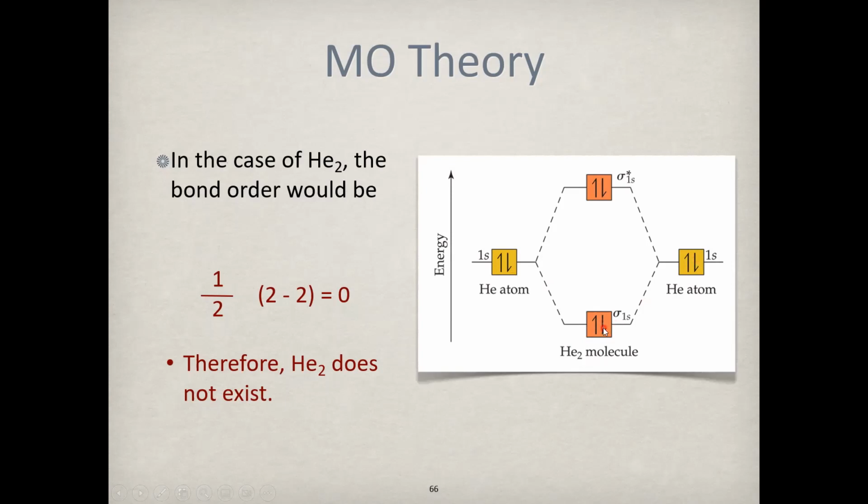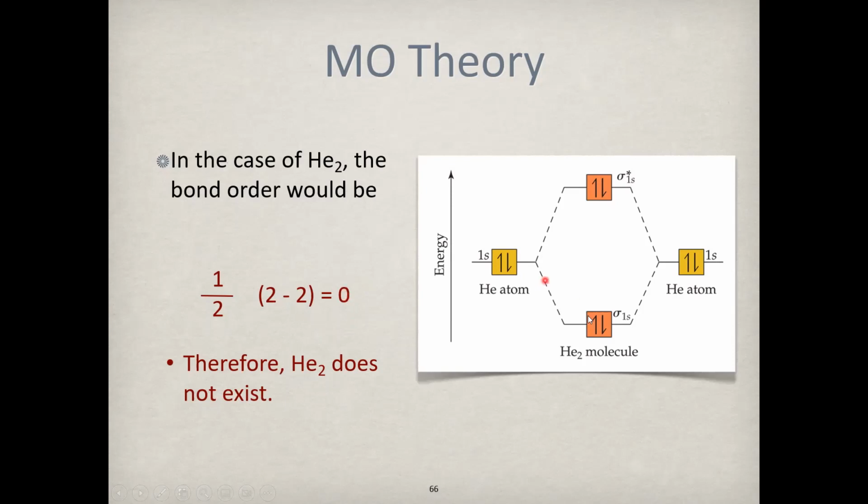Just like with Hund's rule, when we're looking at traditional orbital diagrams, we fill from lowest energy to highest. We do the same thing here. So we add our first 2 electrons. We've got 4 in total now. The first 2 go into the bonding orbital, but then the next 2 go into an anti-bonding orbital. So when we look at the bond order, half of the difference of 2 bonding electrons minus 2 anti-bonding, so half of 0, gives us 0.